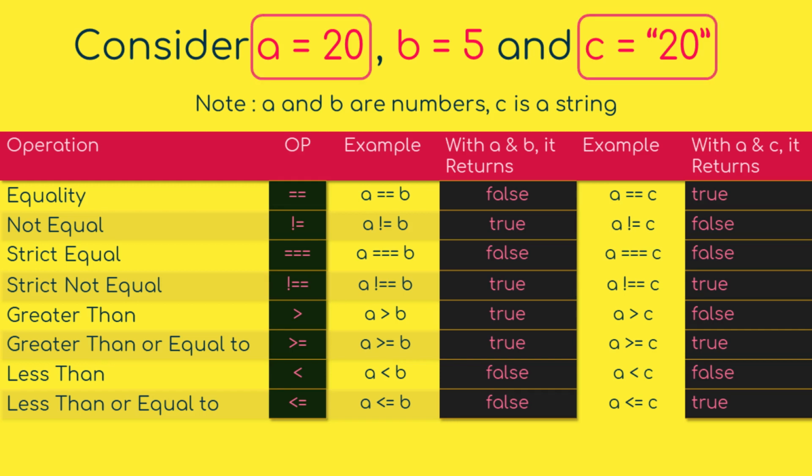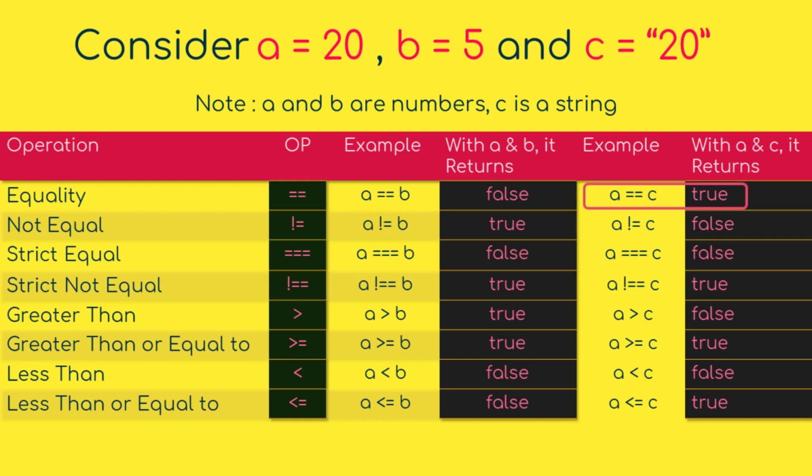For example, in the sample given here, A is assigned a numeric 20 and C is assigned a string value of 20. When compared using the normal equality operator, it returns true, since JavaScript will internally perform a type conversion and compare the values. But when using a strict comparison operator, it will give you false, since the data types will be considered as different by the strict operator.